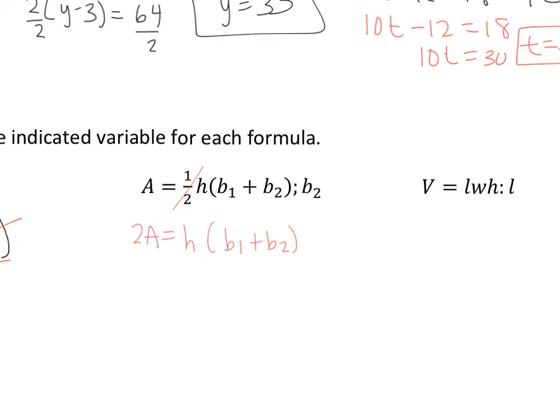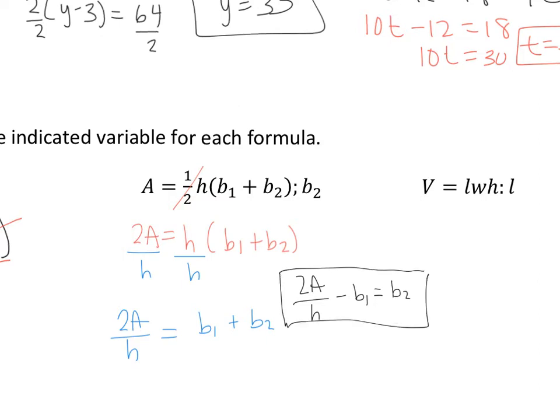This is h being multiplied by this quantity, so you can divide both sides by h next. So you have 2a over h equals b1 plus b2. Now you're going to solve for b2, so you have to subtract b1 from each side. So it's going to be 2a over h minus b1 equals b2 is your final answer.